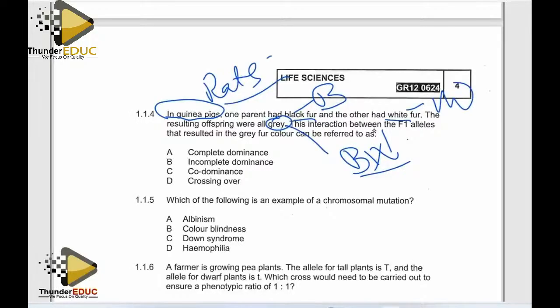Therefore, we say it is incomplete dominance. If I had a mixture of black and white, then it would have been codominance. So in this case, it is incomplete dominance. They're saying that this interaction between the F1 alleles that resulted in gray can be referred to as incomplete dominance. So B becomes the most correct answer.